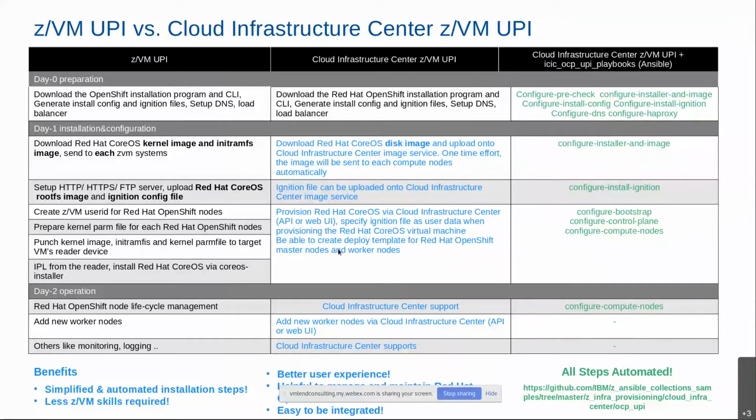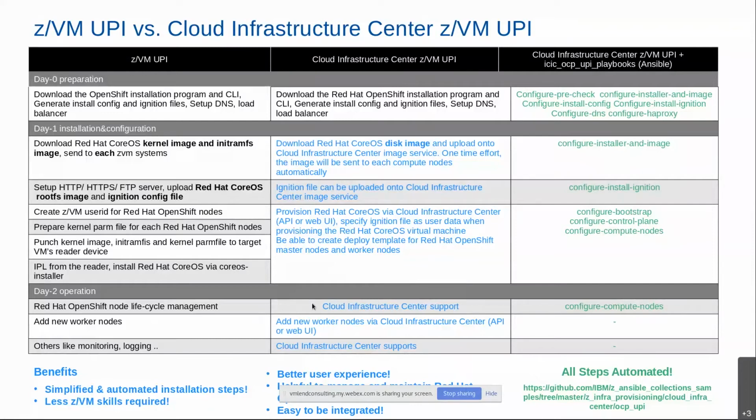So just a quick summary: using Cloud Infrastructure Center simplifies and automates the installation steps, will provide users a much better user experience, and requires fewer z/VM skills to install OpenShift Container Platform.